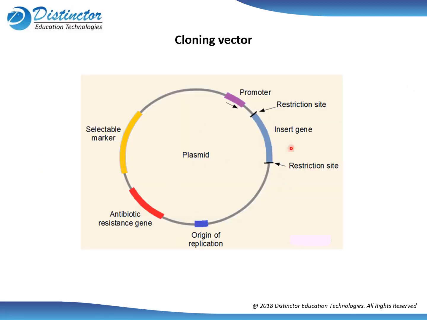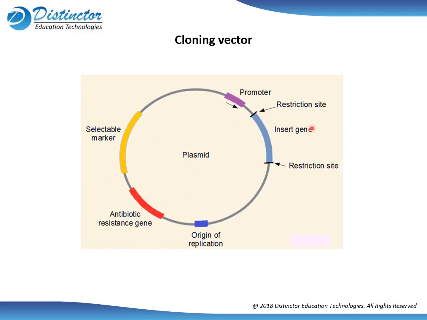So these are the different parts of a cloning vector. ORI, that is the origin of replication, is where replication starts. The selectable markers have the antibiotic resistance gene, so we can check for recombinant and non-recombinant if it is plated on an antibiotic medium.